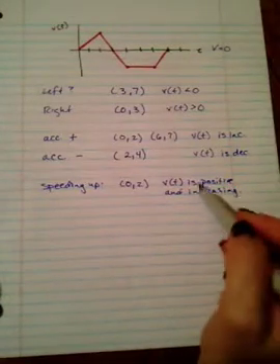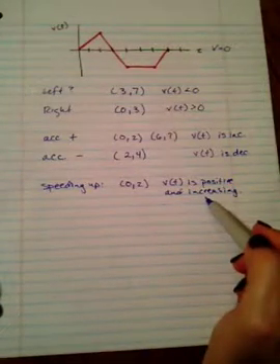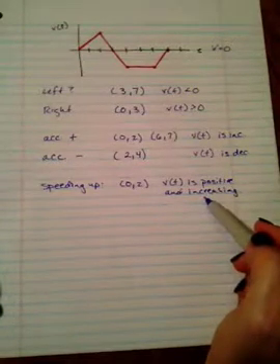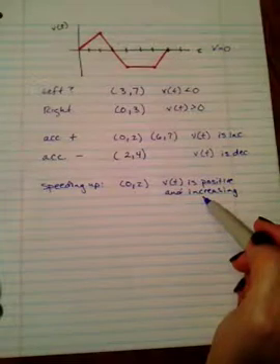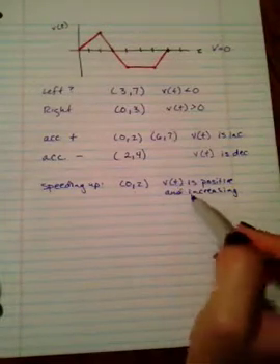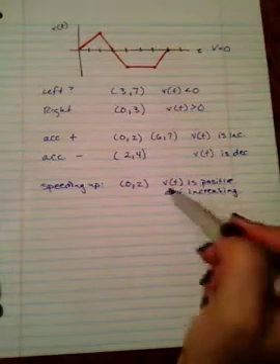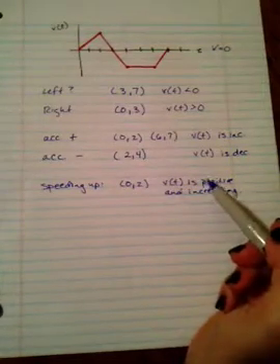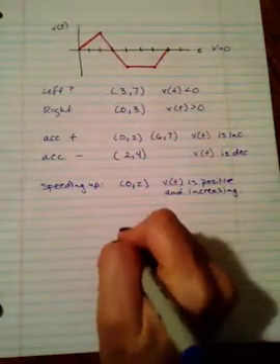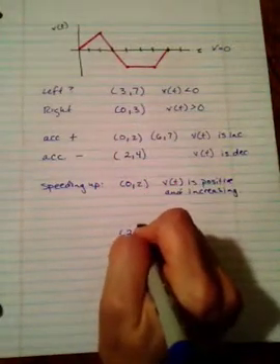This handles the acceleration issue. So velocity and acceleration have to have the same signs for the particle to be speeding up, and they do. If it's increasing, that means the derivative of velocity, acceleration, is positive. So speeding up from 0 to 2. From 2 to 3, the particle is slowing down.